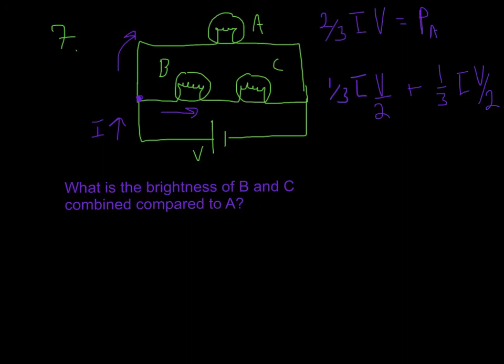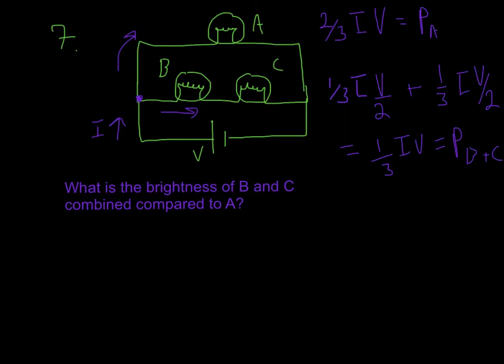And so together, that's 1/6 plus 1/6, that's going to be 1/3 IV, and that's going to be B and C combined. Okay, so B and C get 1/3 IV power. That's their combined power, as opposed to 2/3 IV for A. Okay, so A is going to be brighter. It's going to be twice as bright.